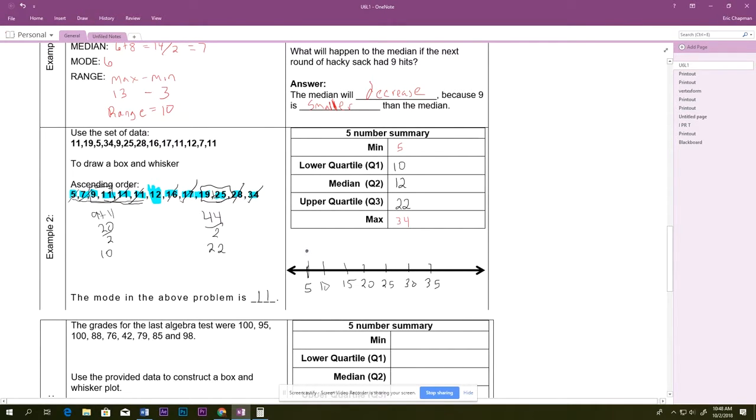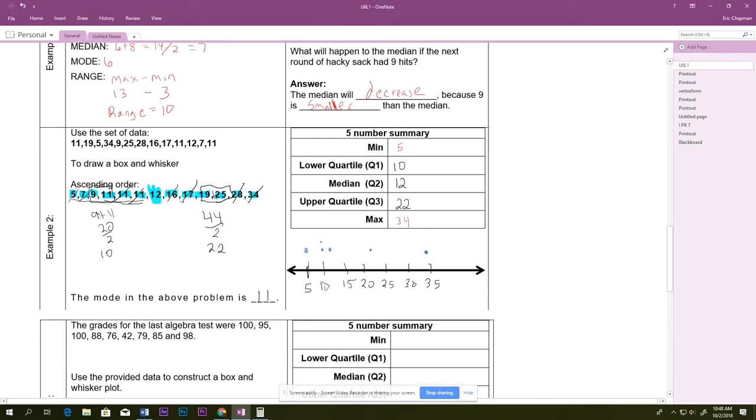Our min is at 5, so I'm doing it above the line. And our max is 34, so it's going to be a little bit before 35. And then our median is at 12, so that is right here in between 10 and 15 about. All right, then we have our quartile 1 at 10, and our quartile 3 is at 22, so that's just in between 22 and 25.